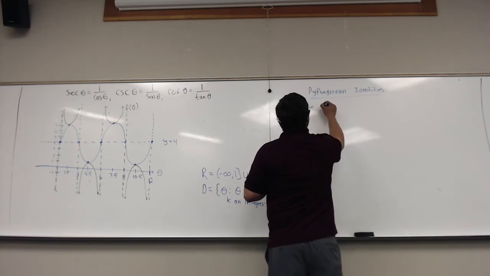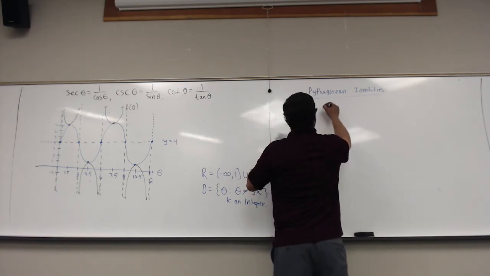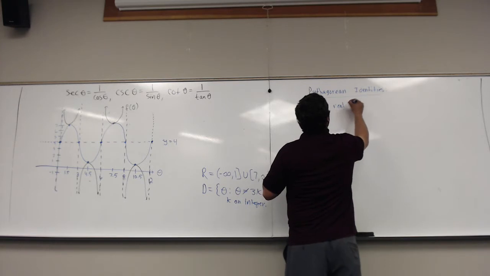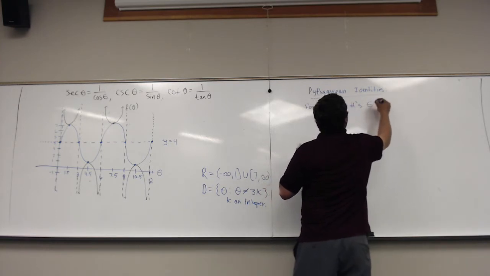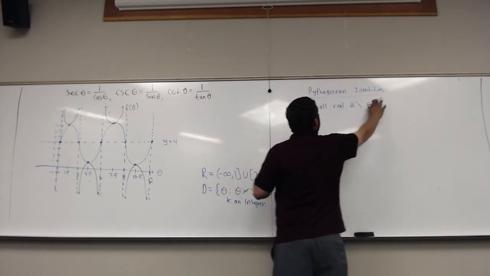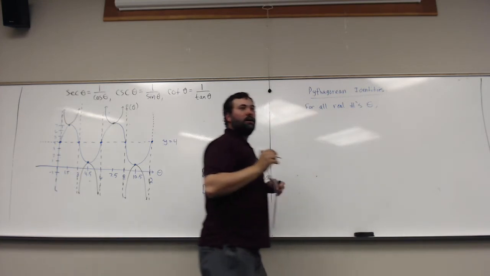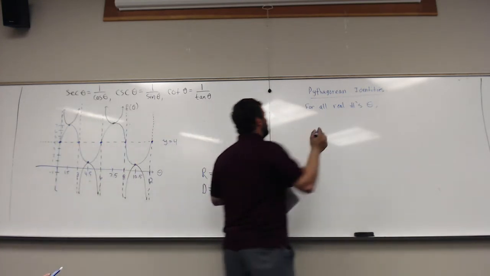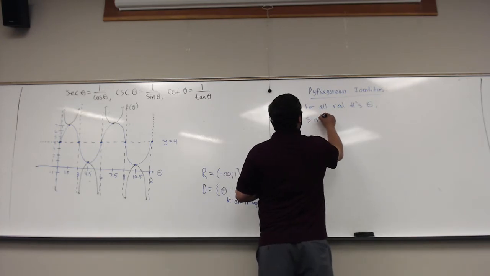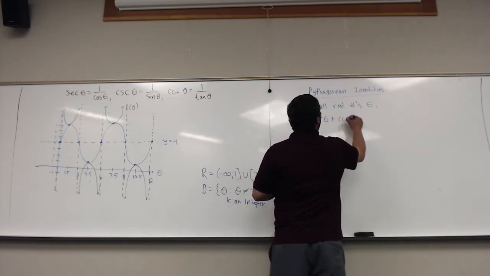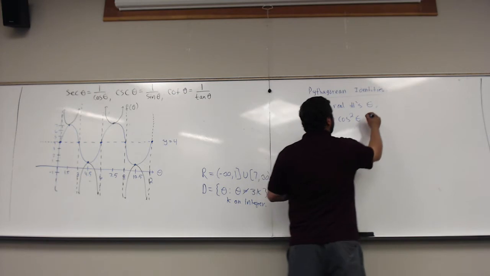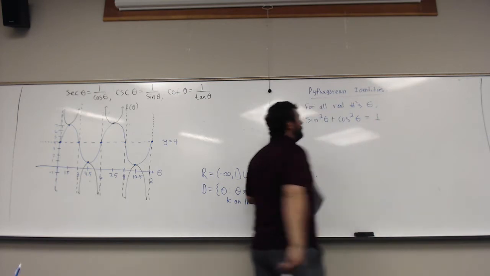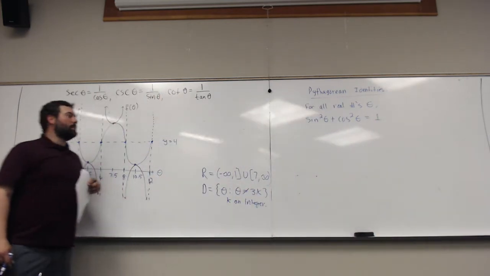Okay, so in 4.2 we already saw this. For all real numbers or angles theta, what was our Pythagorean identity there involving sine and cosine? Cosine squared plus sine squared equals 1. I'm just going to rewrite it in a different order, but if you add sine squared and cosine squared, that always equals positive 1.